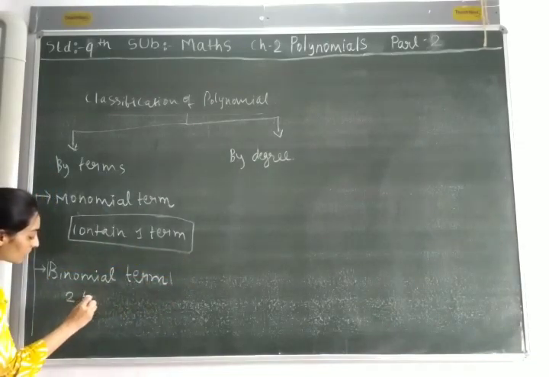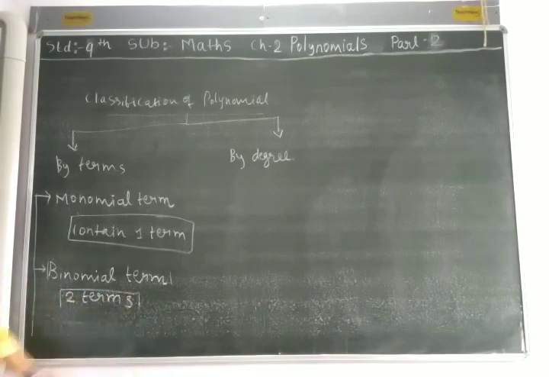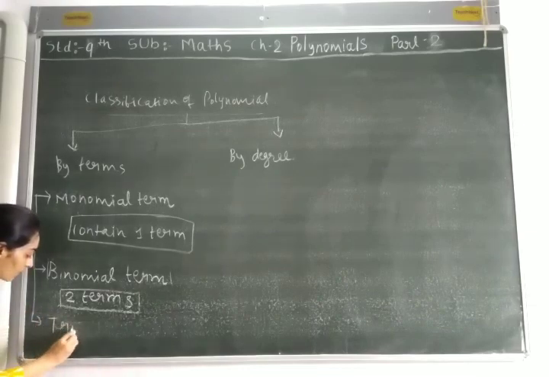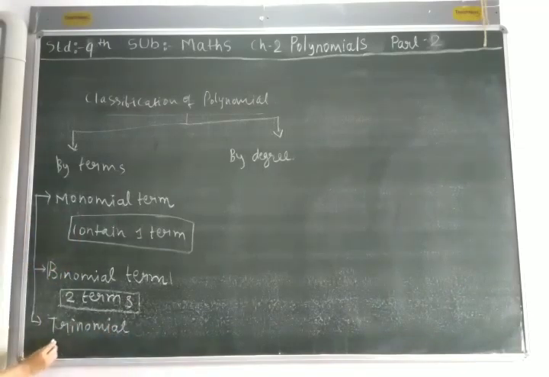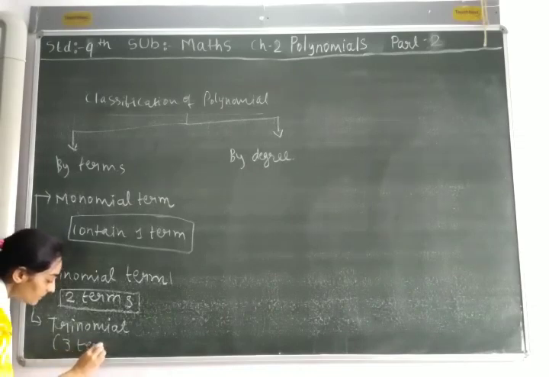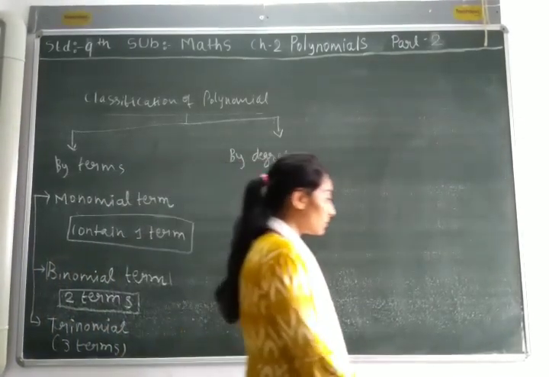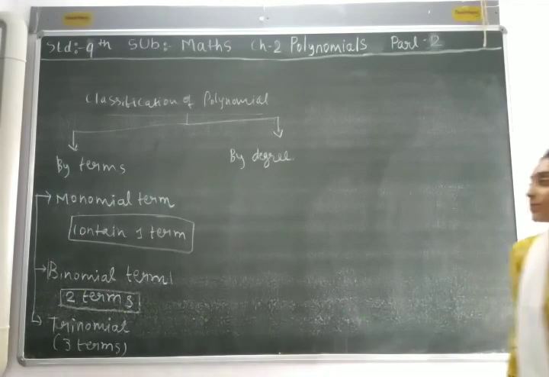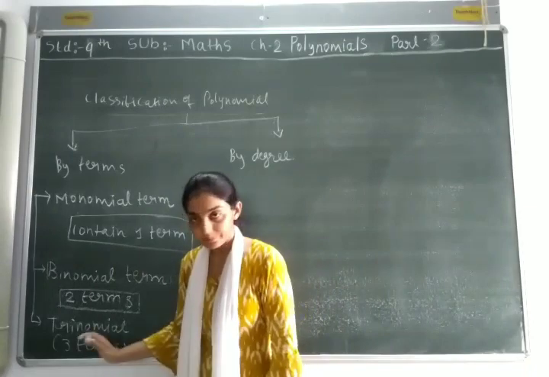Now the next one is trinomial. It contains three terms. We know how to find the terms. So this way we can classify all the terms.